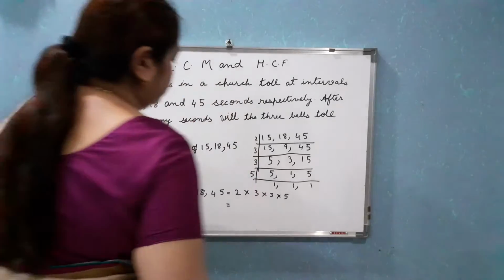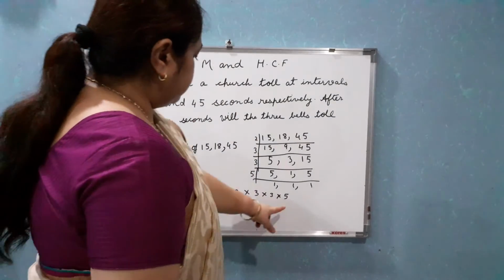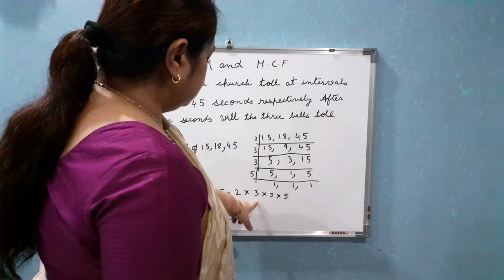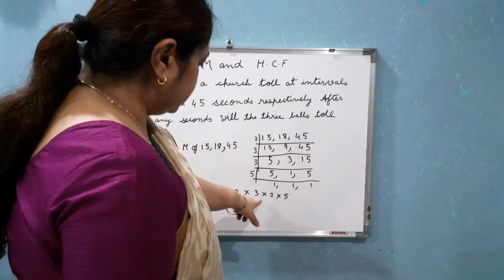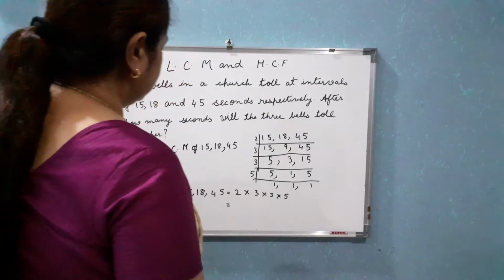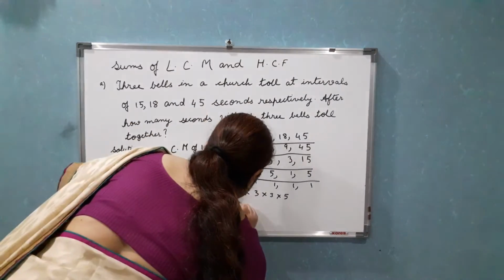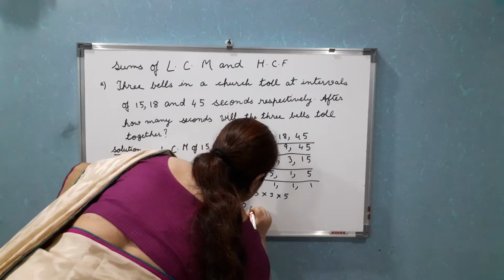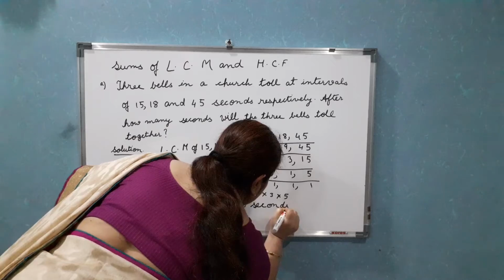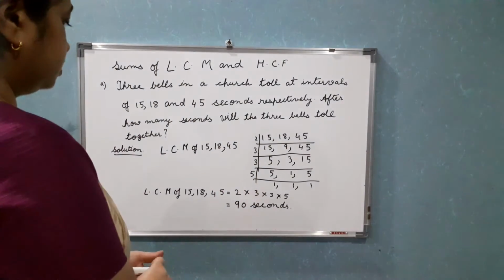So what will be your answer? 5 3s are 15, 15 3s are 45 and 45 into 2 is 90 seconds. So this is your answer. Okay?